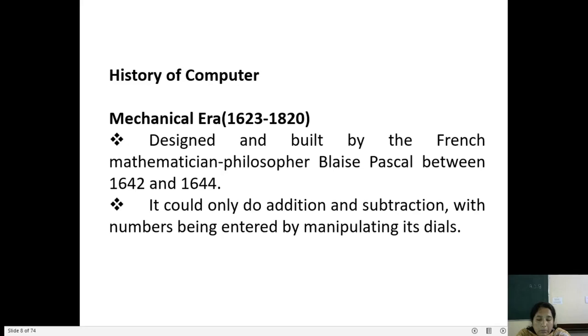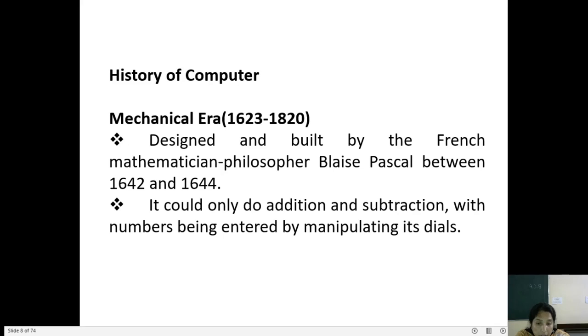In the years 1642 to 1644, he introduced a machine called the Pascaline, used to perform addition and subtraction. Based on this principle, the calculator was introduced, which we now use for addition, subtraction, multiplication, and division.